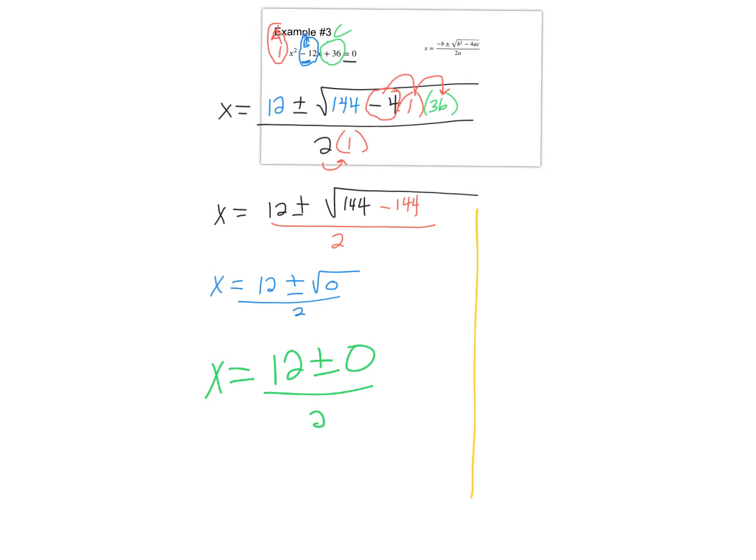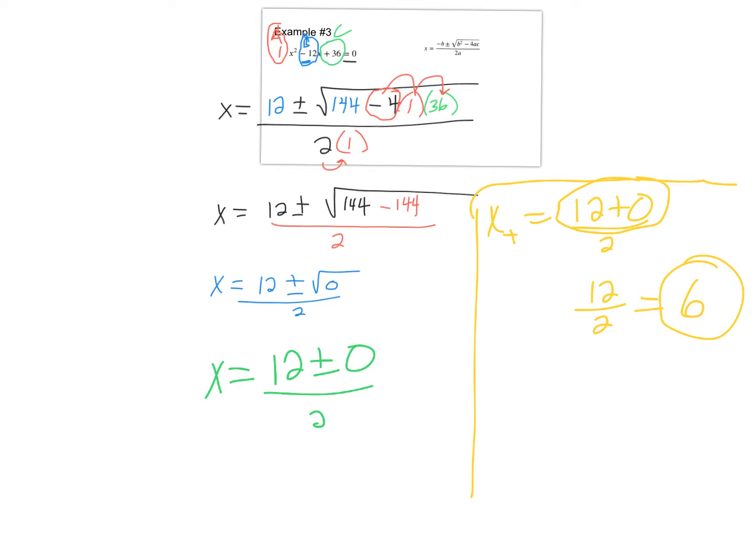All right, so let's go to our x positive and x negative. My x positive says we're going to do 12 plus 0 divided by 2. Well, 12 plus 0 on the top is just going to be 12 divided by 2, which is 6.